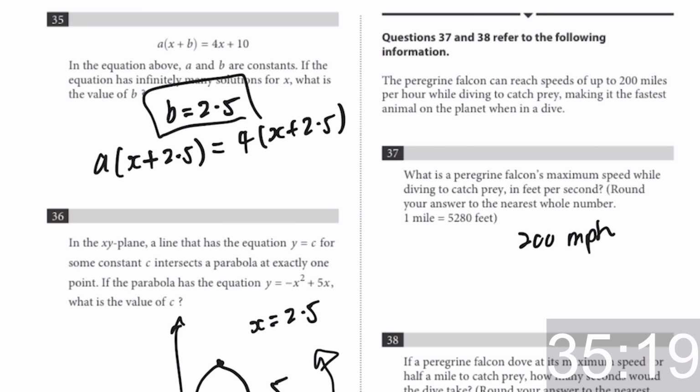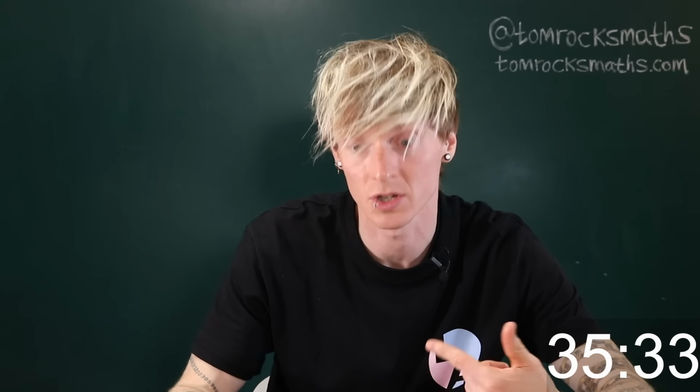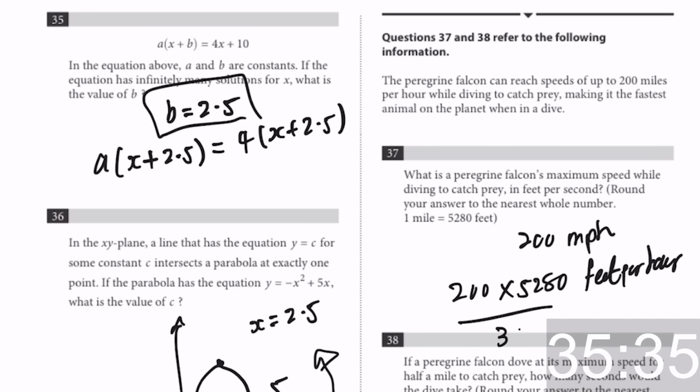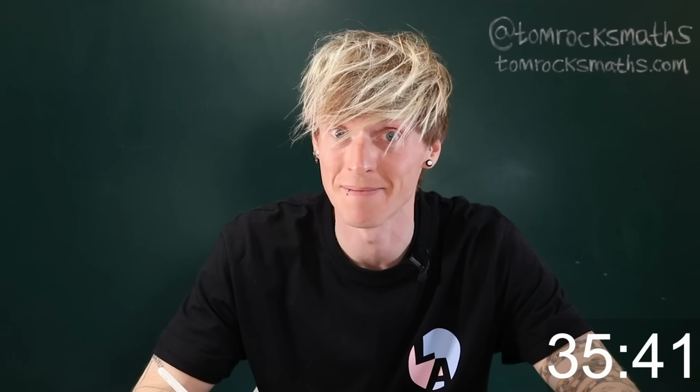So that's 200 times 5,280 feet per hour. But then I don't want per hour, I want per second. So there's 3,600 seconds. So I need to do 200 times 5,280 over 3,600 in my head.